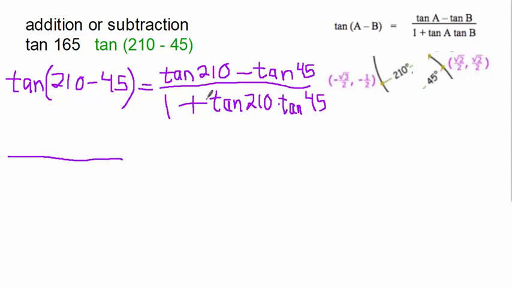So substituting in here, tangent of 210. Numerator divided by numerator. Negative divided by negative is positive, but the square root of 3 is in the denominator. And minus 1.